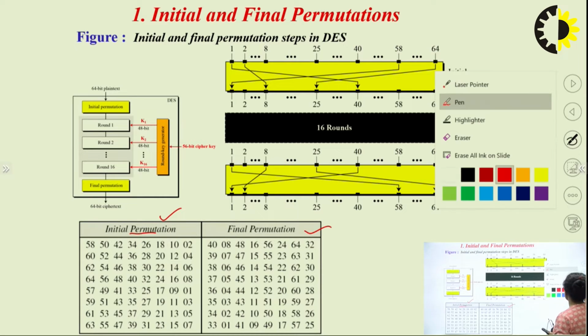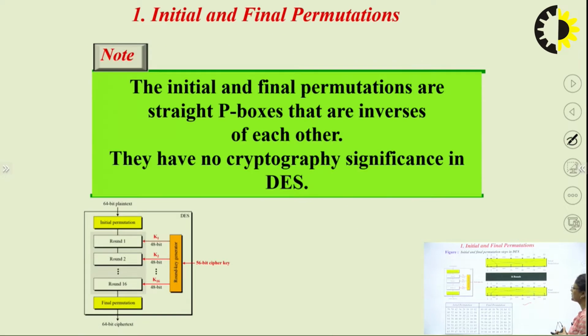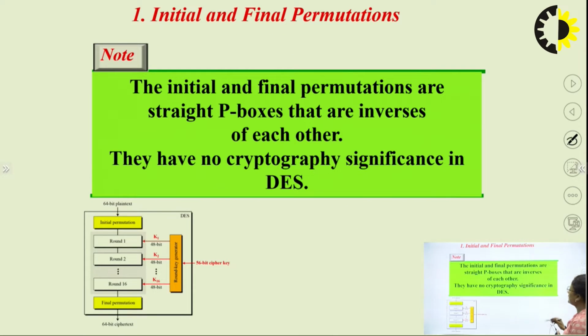Similarly, we have this figure where we are doing some kind of permutation. As we said, these permutations, the initial and the final permutation, are actually straight P boxes. P box stands for permutation box.